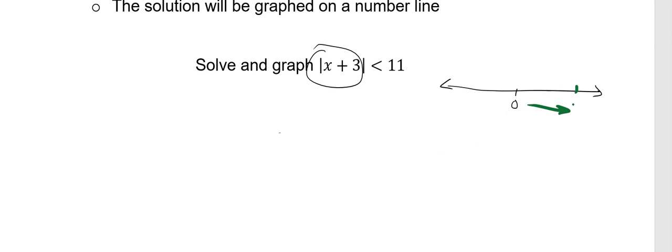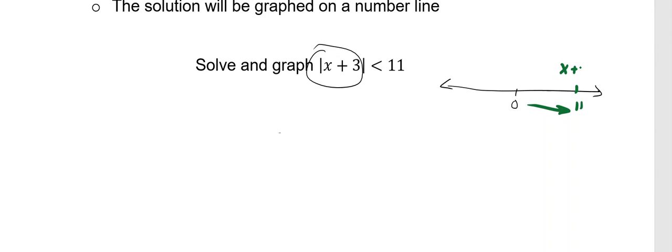Is the absolute value isolated? Yes, it is. What this says is the absolute value of x plus 3 is less than 11. Let's visualize that on a number line, as we already did in our quick discussion in class. If this absolute value is less than 11, then it can be no more than 11 spaces to the right of 0.